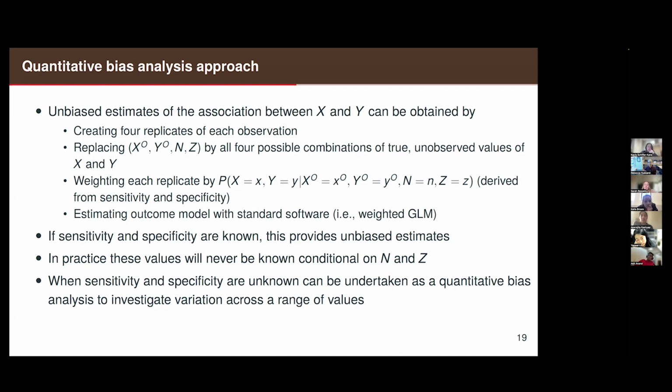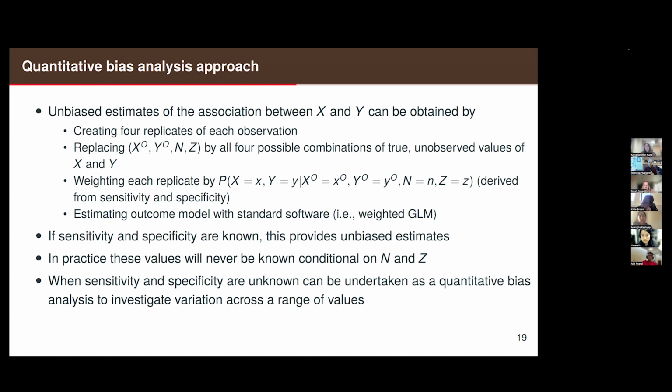In practice, that is not information that we will ever have. Hopefully, we're using exposures and outcomes that come from some kind of a validated algorithm that somebody has established the operating characteristics of. So it's definitely best practices when analyzing EHR data to use X's and Y's with known operating characteristics.